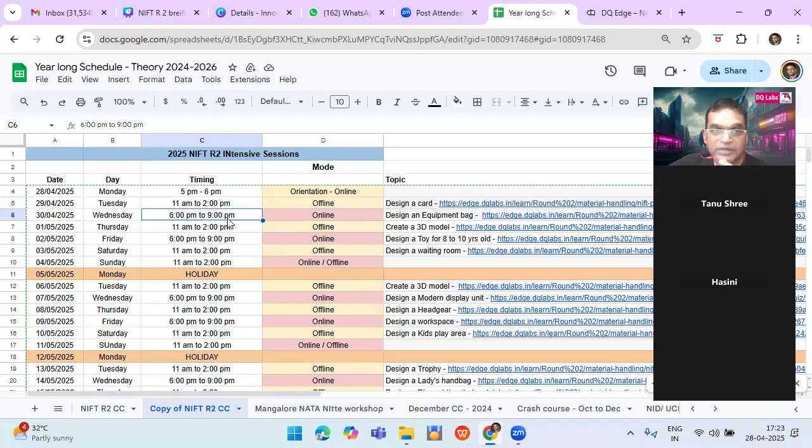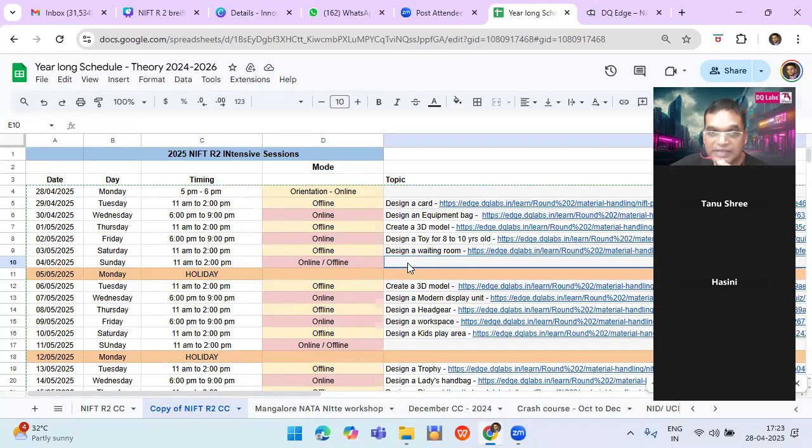The timing for the online session is 6 p.m. to 9 p.m. On Sundays, both the online and offline sessions will happen from 11 a.m. to 2 p.m. We have not given the exercise for the Sundays yet. We will populate it.